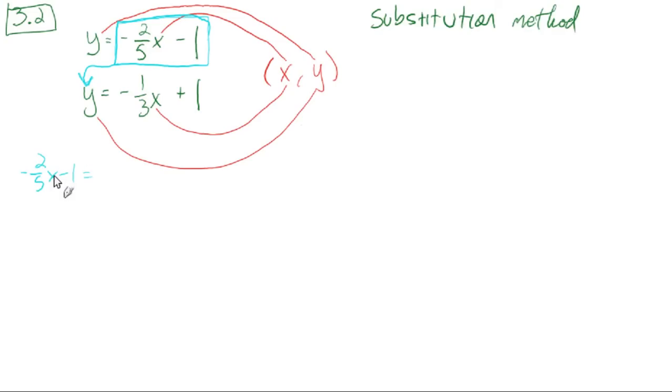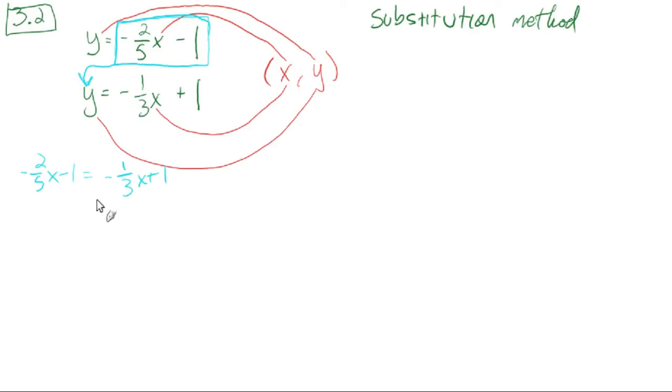We should be able to put in an x and get the same thing on this side as we do on this side using the exact same x, right? And this side is just negative 1/3 x plus 1. So we want to put in the exact same thing for x and get this side to be equal to that side. Well, what we've created here is a new equation.